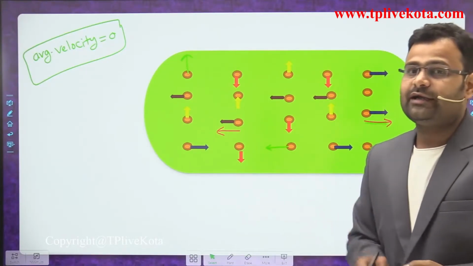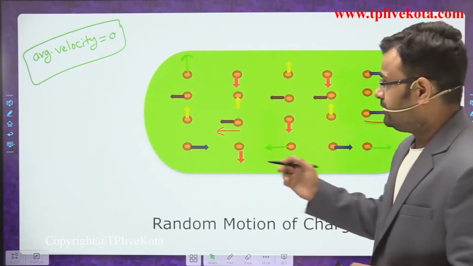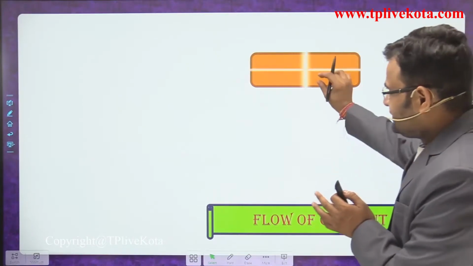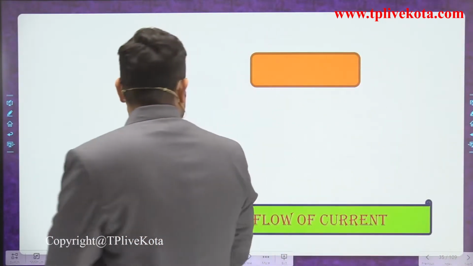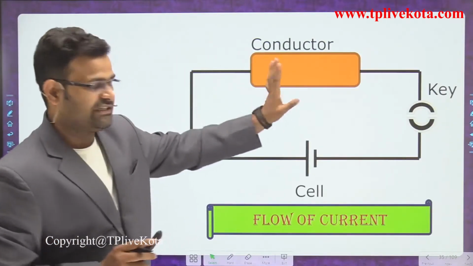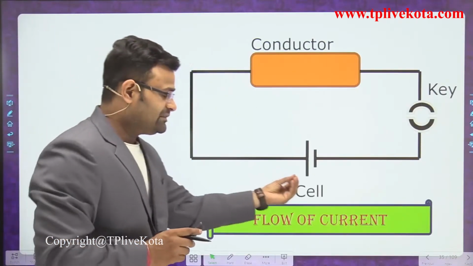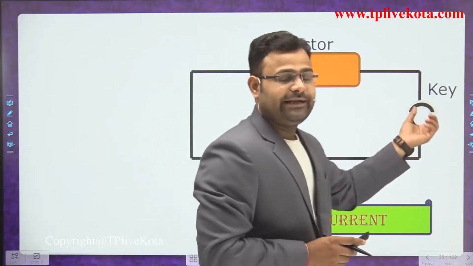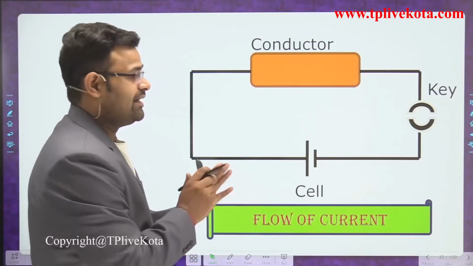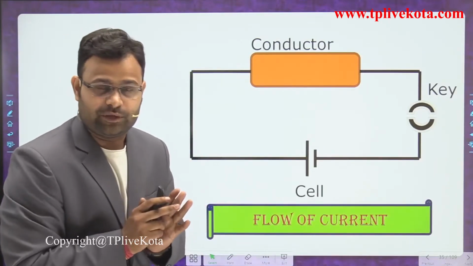So how will the current flow, guys? Let's see the flow of a current. It is the same conducting material. We connect that conducting material to make a complete circuit. Now we are using one cell, one key, that is a switch, and a conductor. But in that condition current will not flow.